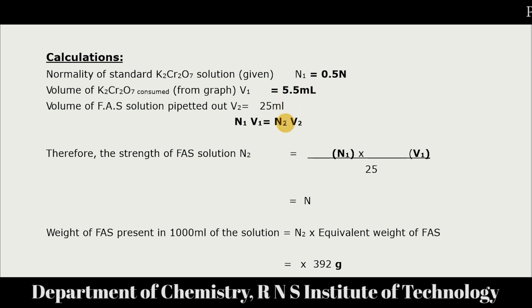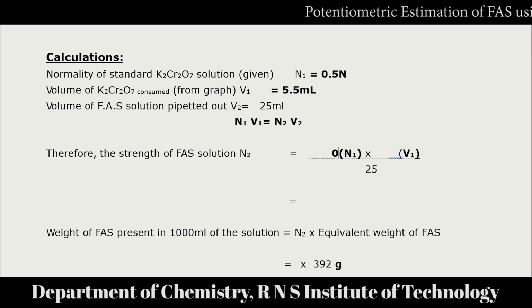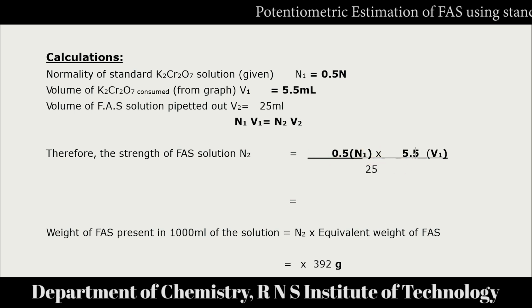To find the strength of FAS, we need to use the formula N1V1 equal to N2V2. So strength of FAS is equal to normality of K2Cr2O7 into volume of K2Cr2O7 divided by volume of FAS. So it is 0.5 into 5.5 divided by 25, that will be 0.11 normal.